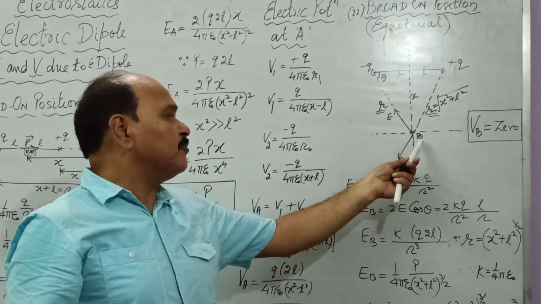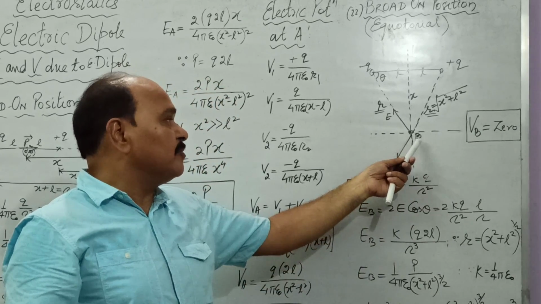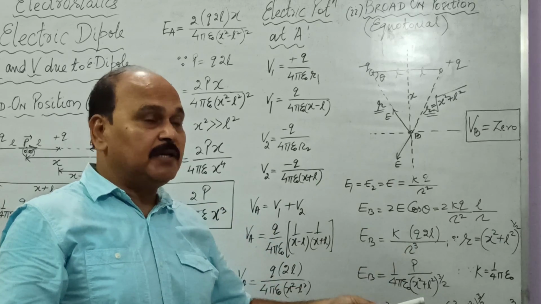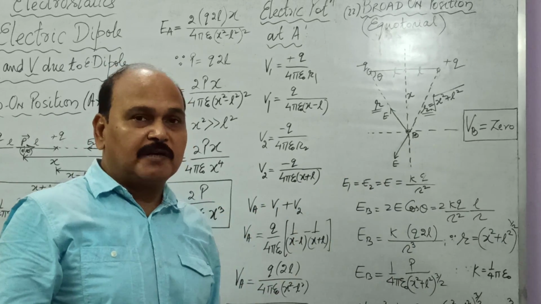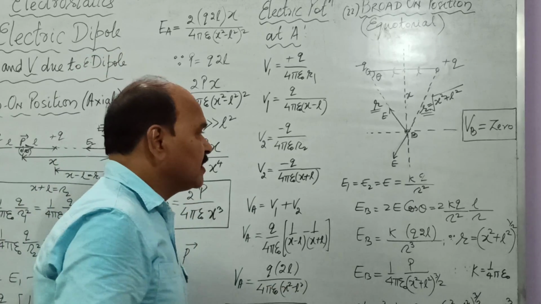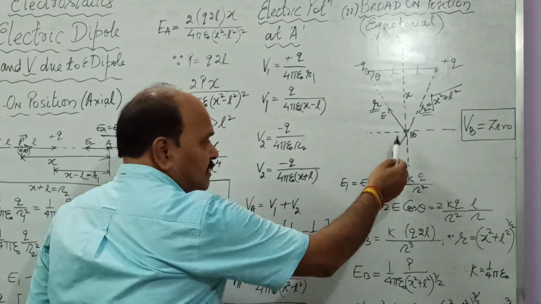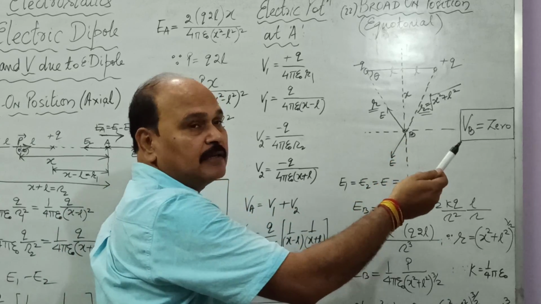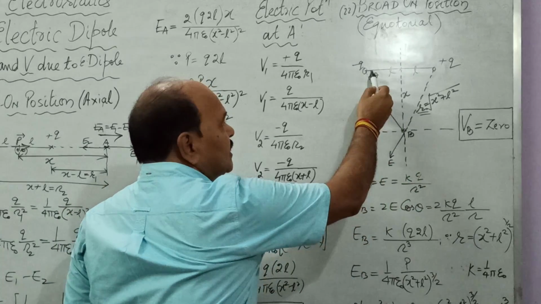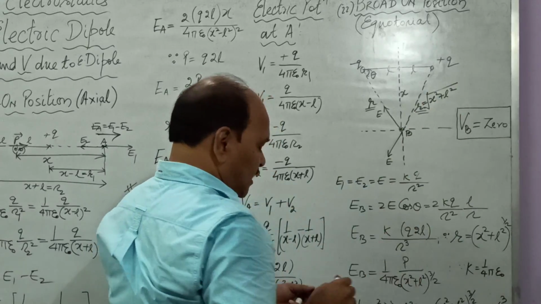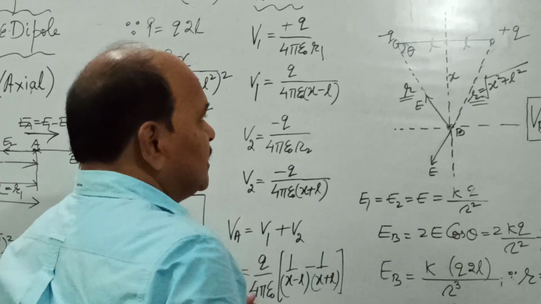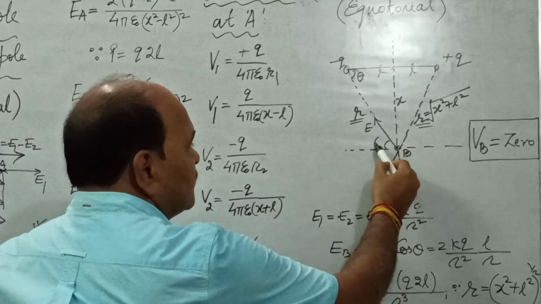Now, what is the net field at point B? The net field at point B, that is the equatorial point, is going to be the vector sum of these two vectors. And how do we find the vector sum? For finding the vector sum, we have to see the directions in which these field vectors lie. If this angle is taken as theta, and we draw a line parallel to the axis of the dipole, this angle is also going to be theta.